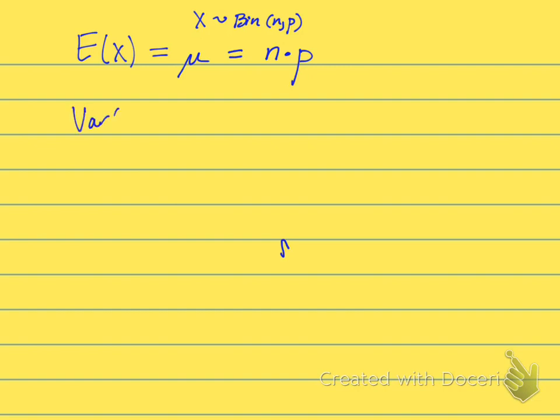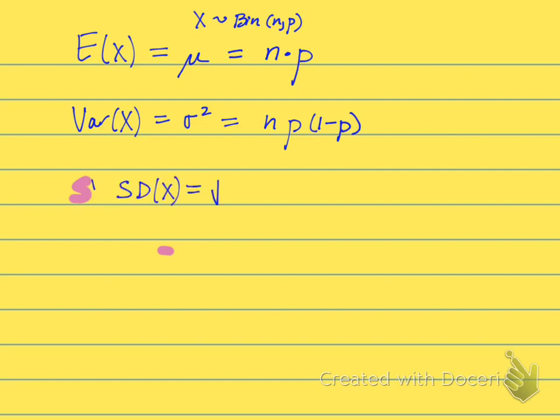The variance of that random variable, which we denote sigma squared, is equal to n times p times 1 minus p. Well, that means if I need the standard deviation of that random variable, it's just the square root of the variance, right? Which is just sigma, which is the square root of n times p times 1 minus p. In another video, we'll have a bunch of examples.